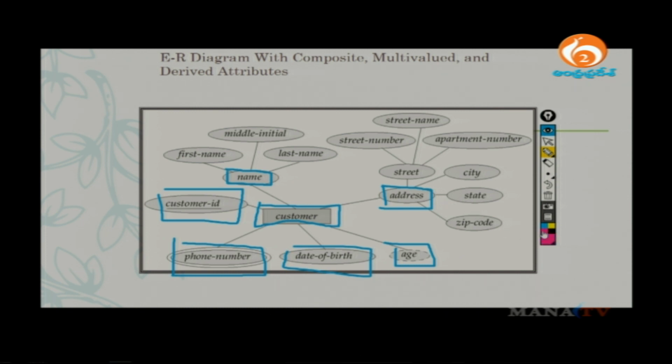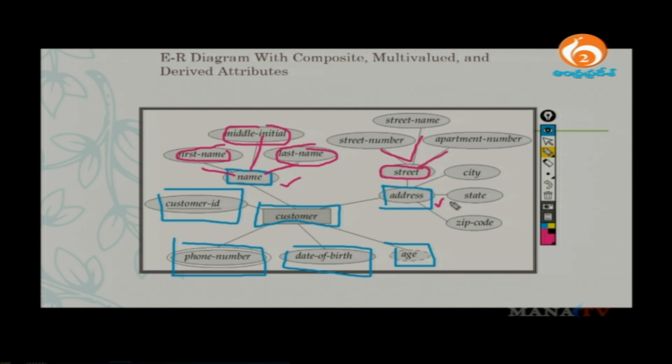Once it has been written with the entity customer, you can observe here that the name attribute is again divided. These are what we call composite attributes for the name. Similarly, address again has street, city, state and zip code, and the street attribute is again divided into multiple parts.